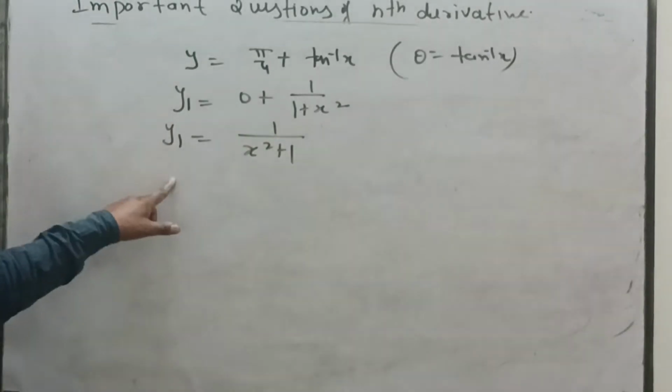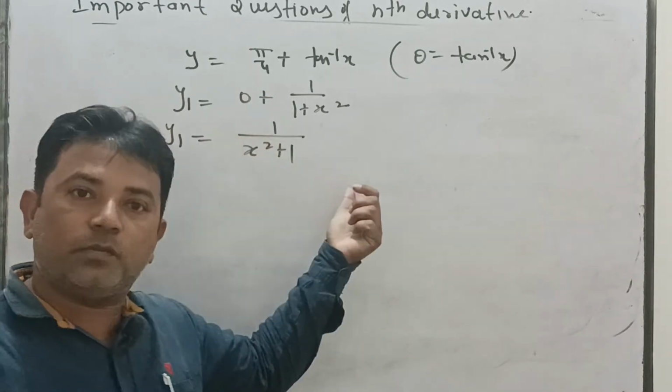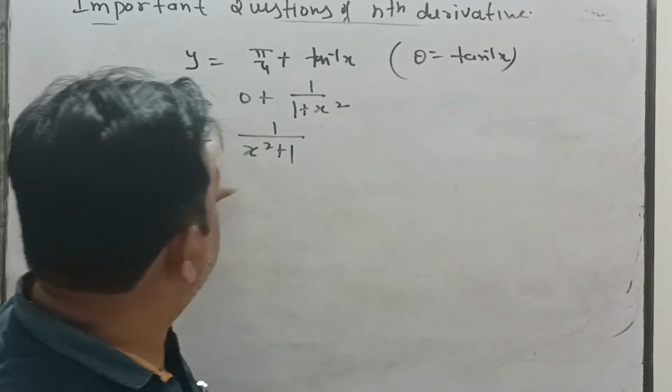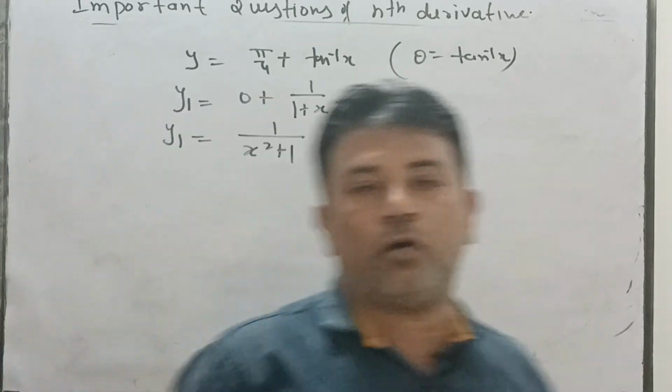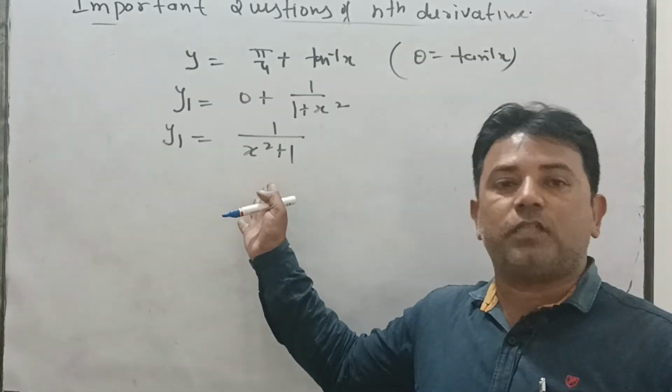A similar question was discussed in the previous video. After the first differentiation, 1 upon (x square plus 1), we factorize it using complex numbers.